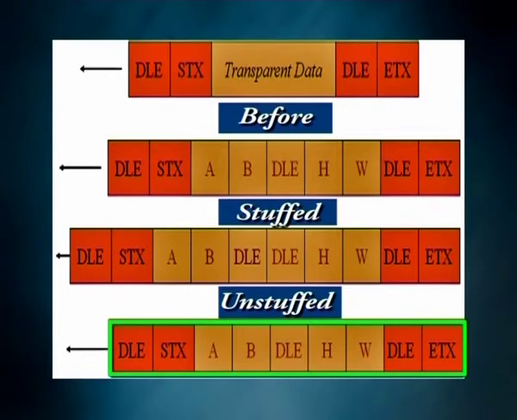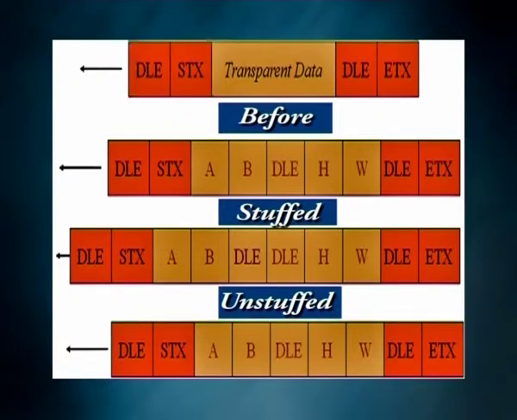The data link layer on the receiving end unstuffs the DLE before giving the data to the network layer as shown in this figure. The flag bytes DLE and STX are inserted at the start and DLE ETX bytes are inserted at the end.